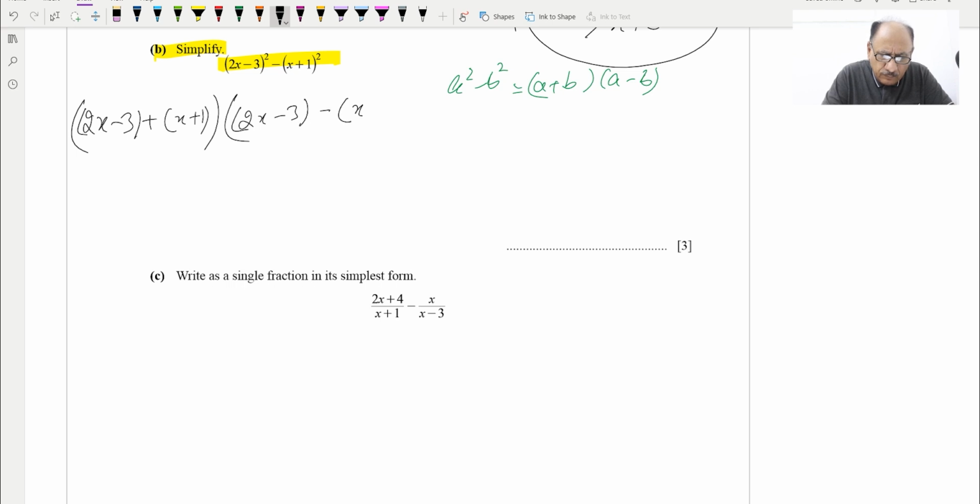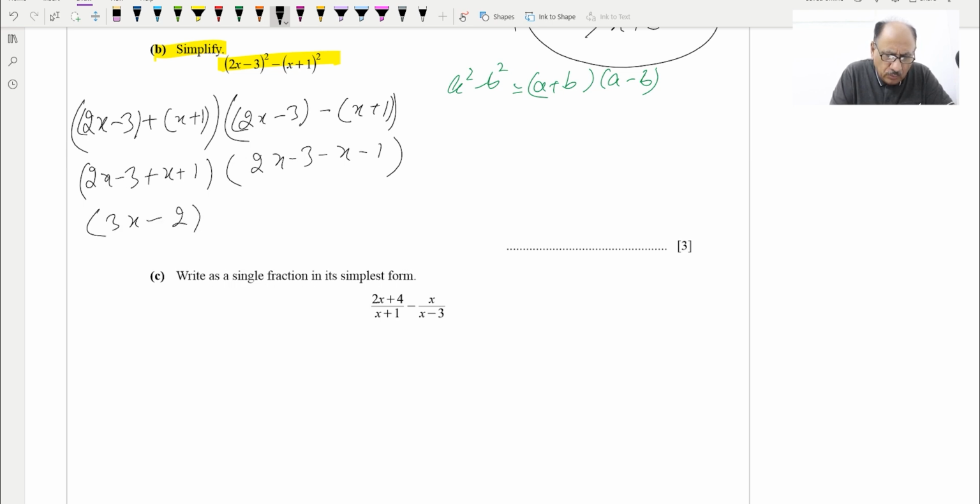Okay, so a plus b and a minus b, and now we need to just open this, so it will be 2x minus 3 plus x plus 1, and this will be 2x minus 3 minus x minus 1, and this will be 3x minus 2, and this will be x minus 4.